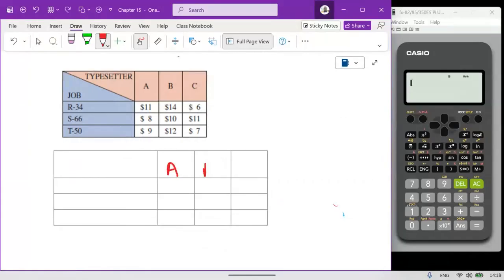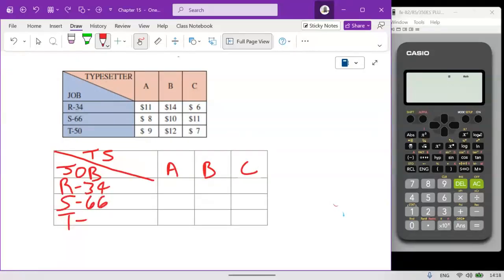We have A, B, and C. Then here we have your job versus your equipment. We'll just say R, S, T. I do have space, so let me write everything.